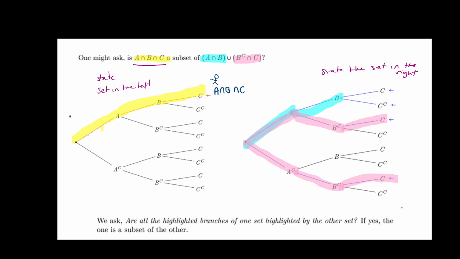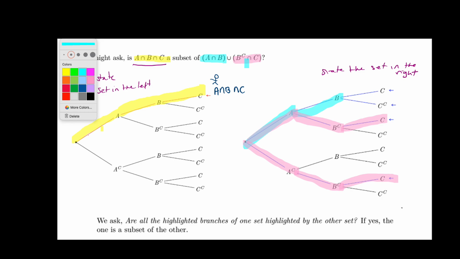Now let's think about the set on the right. Okay, where is it? My blue marker. All right. So the set on the right actually has a union, right? A union of a blue thing with a pink thing.